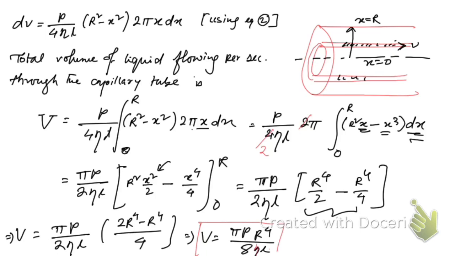Let me write it properly. V is equal to pi P R to the power 4 by 8 eta L. That's what we have got. This is the Poiseuille's equation.